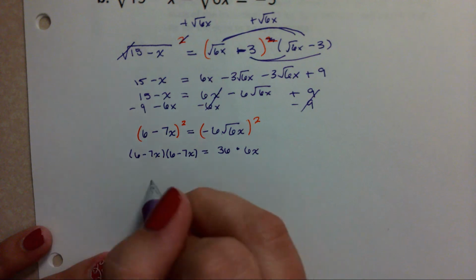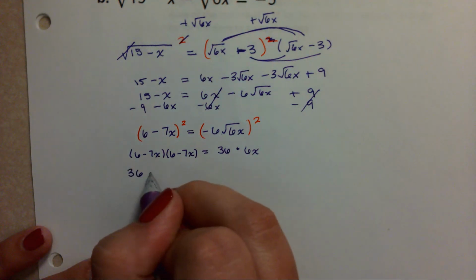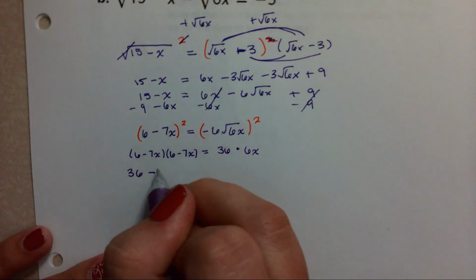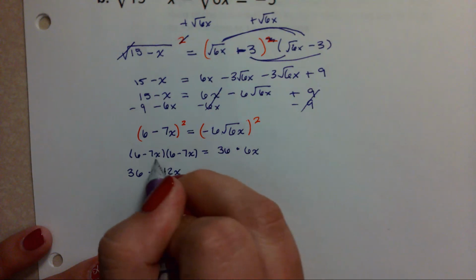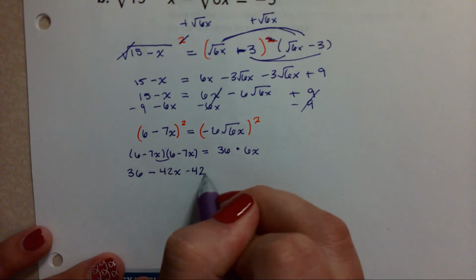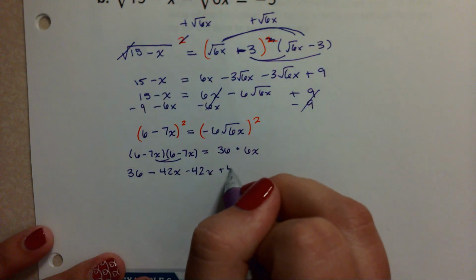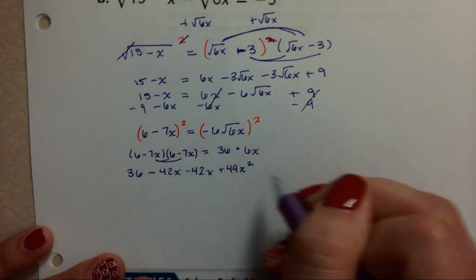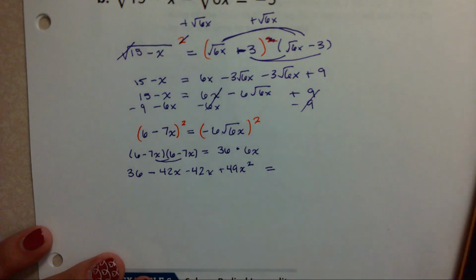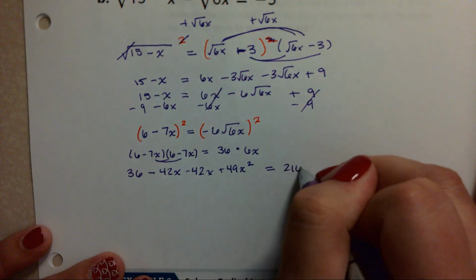So then I get 36 minus 42x minus 42x plus 49x squared equals, let's see here, 36 times 6 is 216x.